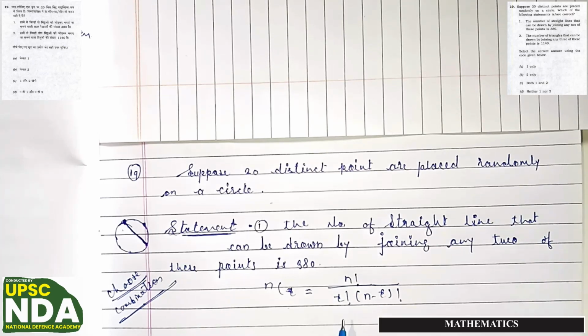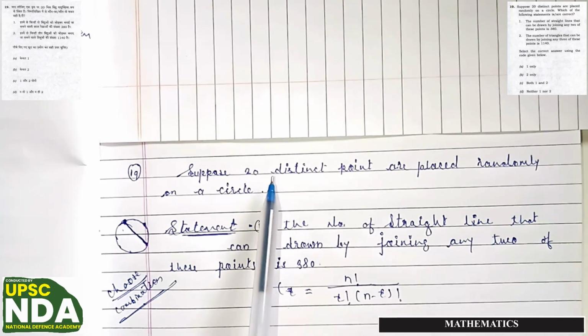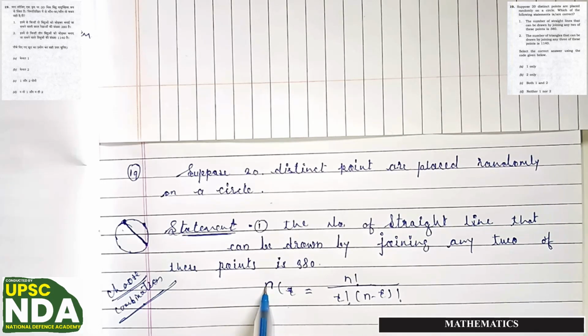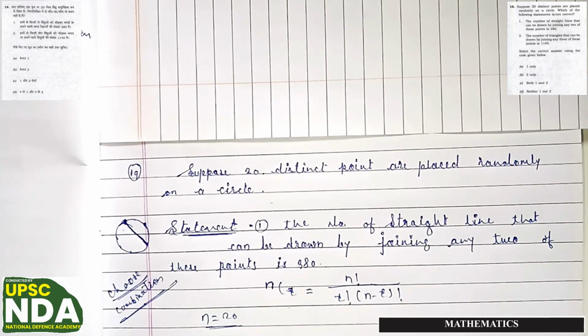How many total distinct points do we have here? 20 distinct points. So n means the number of all elements in our sample space, which is 20, and within that, how many of these points we have to select is denoted as r.